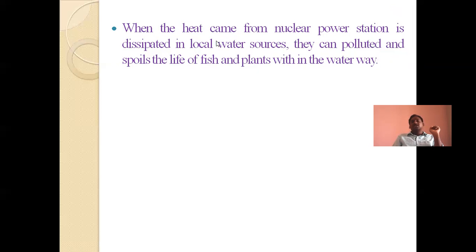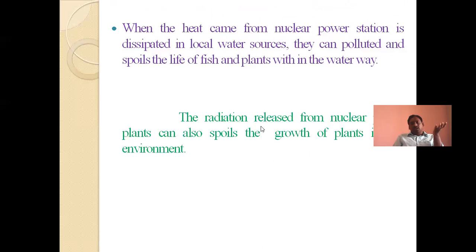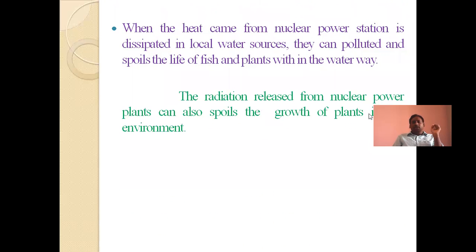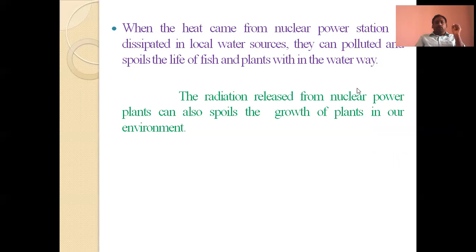That's why they can spoil the aquatic living organisms in the sea or ocean, lakes or river banks. And finally, the radiation released from the nuclear power plants can also spoil the growth of plants in our environment.